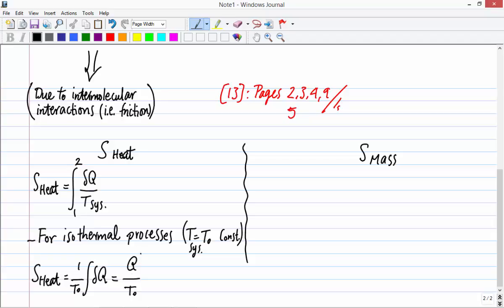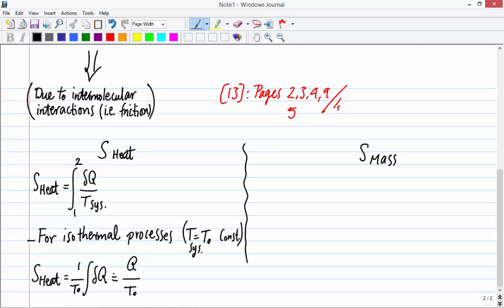Then depending on the sign of Q, if Q is going into the system, that would be positive. If heat is leaving the system, then it carries out entropy with itself, so the S heat would be negative.